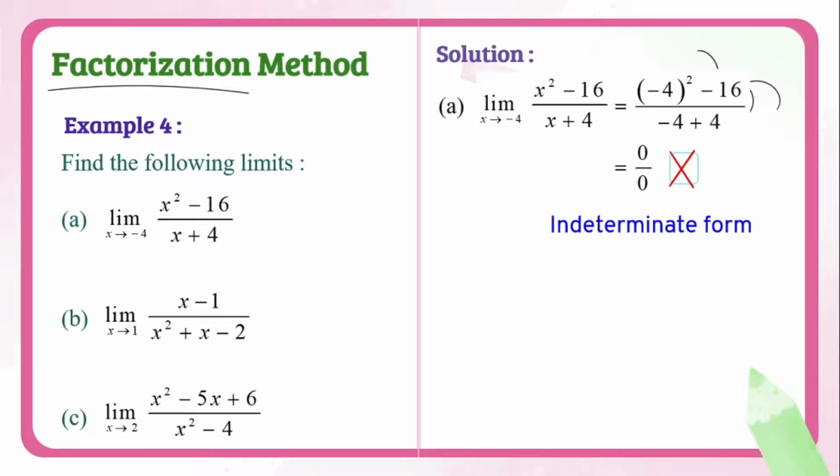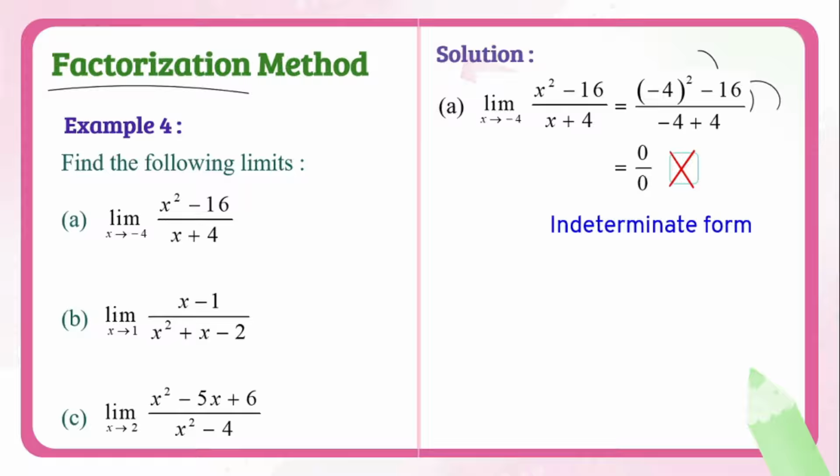Now I give you the second situation. Let's say you have 2 over 2, 100 over 100, and a over a. So we know 2 over 2 is 1, 100 over 100 is 1, and a over a is also 1.